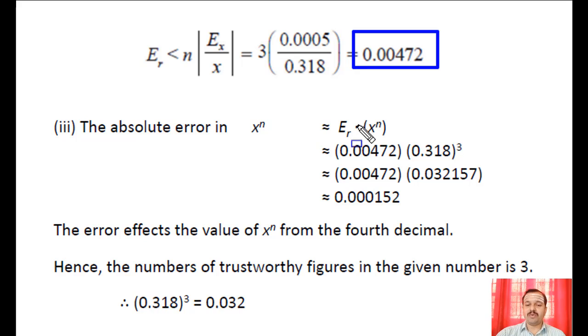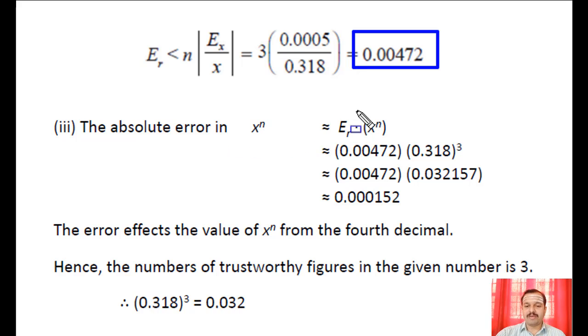The number x to the power n has been transferred to the RHS, it has come to the numerator with ER. So the absolute error in x to the power n is ER into x to the power n.